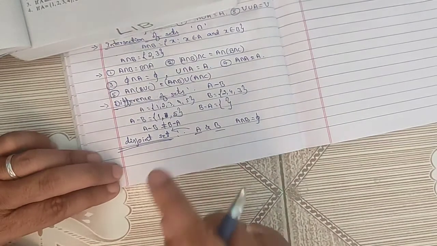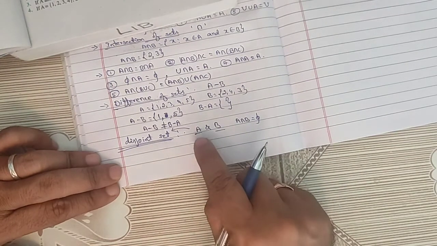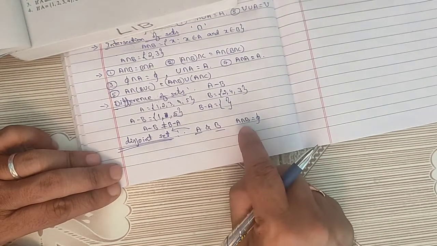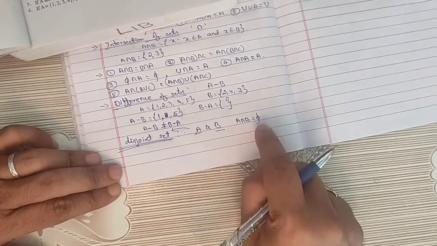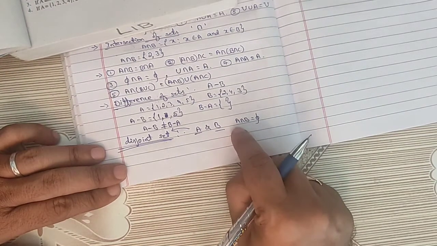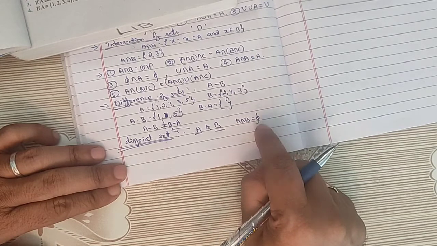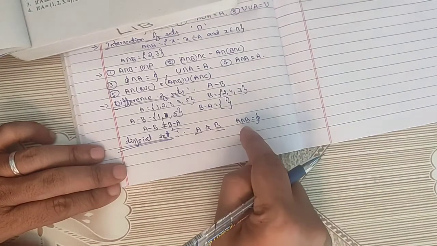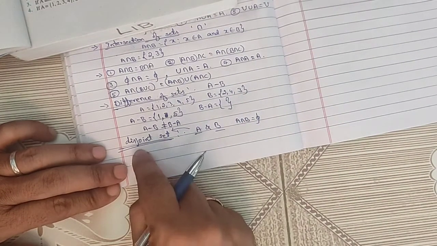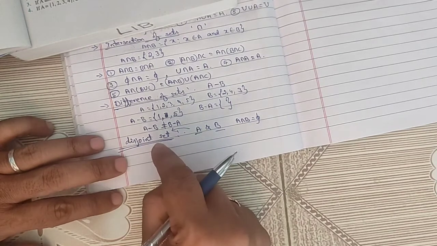When A intersection B is equal to the null set, only then can we say that A and B are disjoint sets. I hope that you are clear.